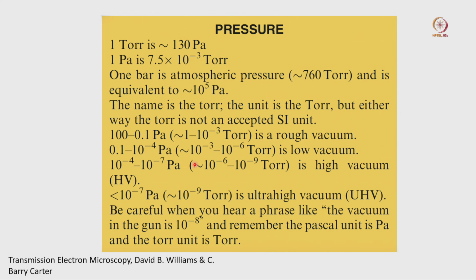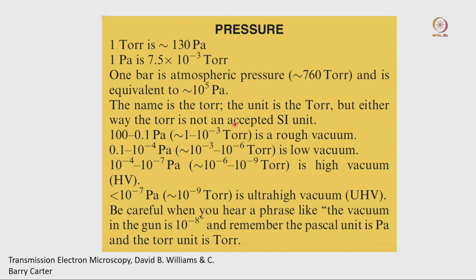You should know how to convert from one to another. So, 1 torr is equivalent to 130 Pascal, and 1 Pascal is 7.5 times 10 to the power minus 3 torr. And 1 bar is the atmospheric pressure, we all know that it is 760 torr, and it is equivalent to 10 to the power 5 Pascal.